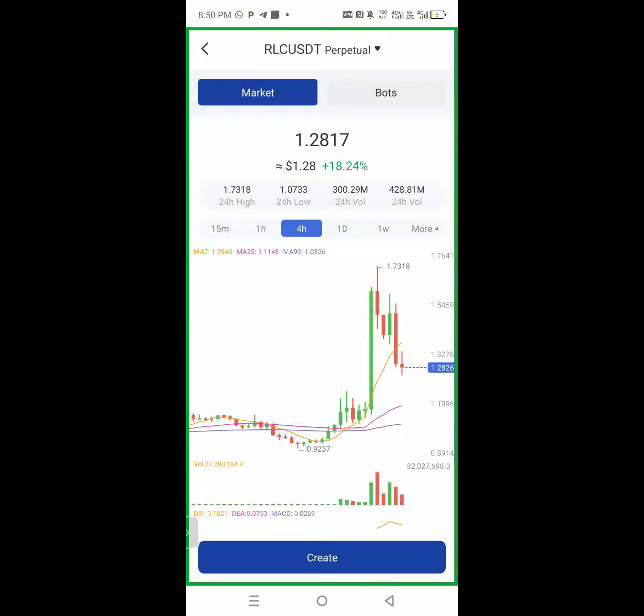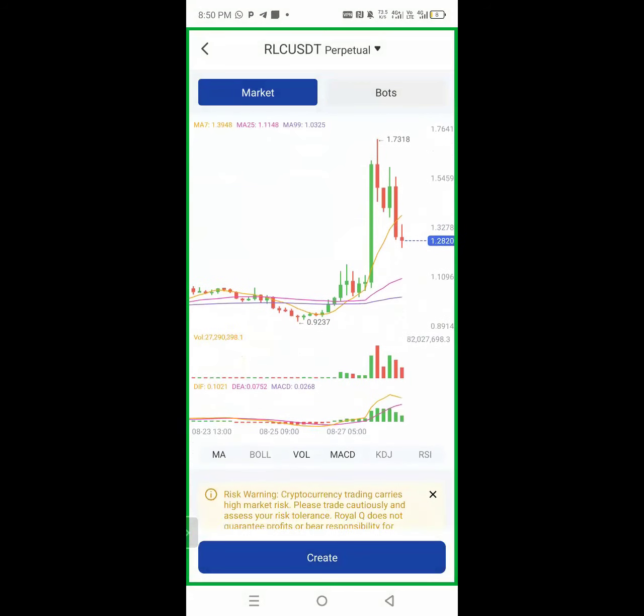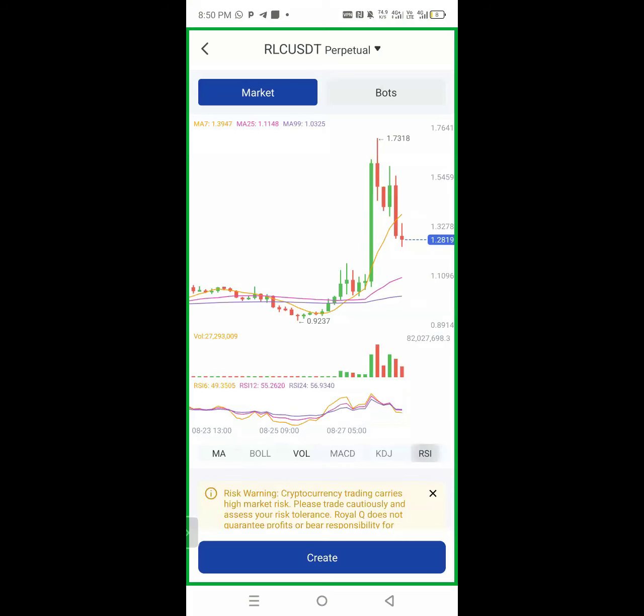Let's see this one. This one has fallen. Don't know whether it will fall again. So let's see the RSI. If you look down below, they have moving average, Bollinger, volume, MACD, KDJ, and RSI. So I'll click on RSI. You understand?